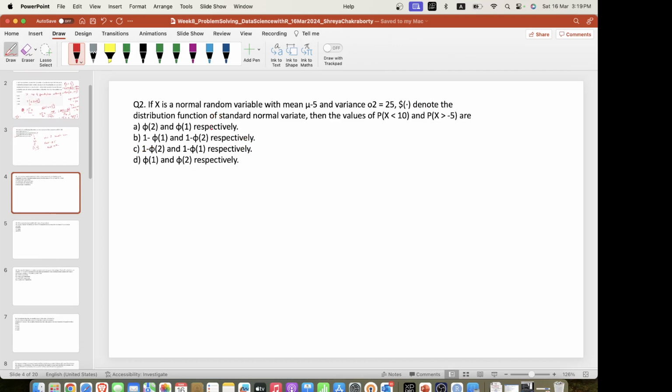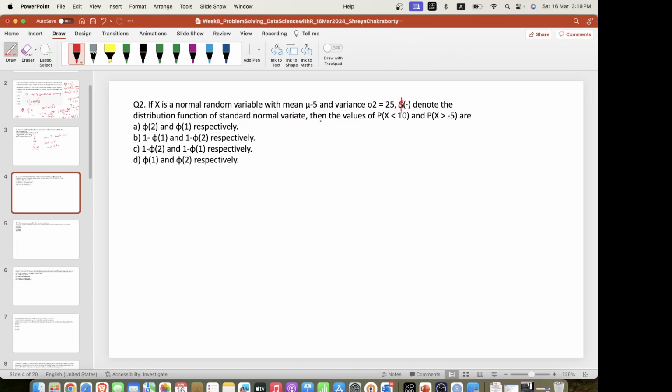Let's suppose this one. If x is a normal random variable with mean mu 5 and variance sigma square 25, let phi denote the distribution function of a standard normal variable.